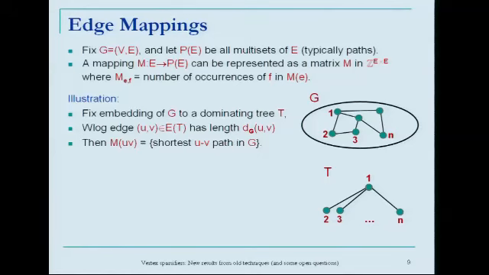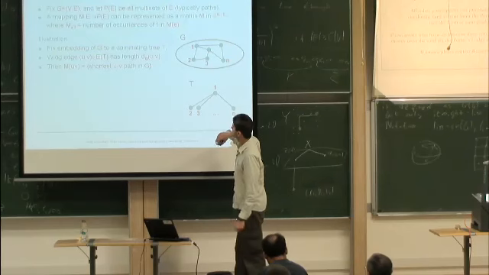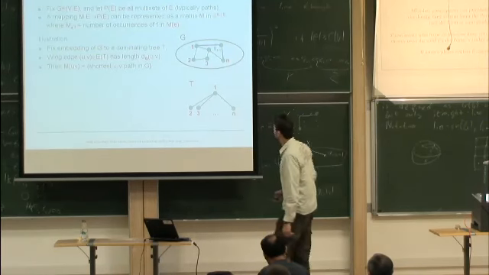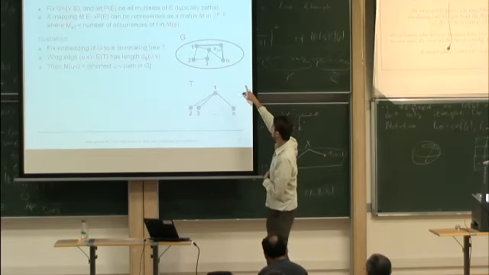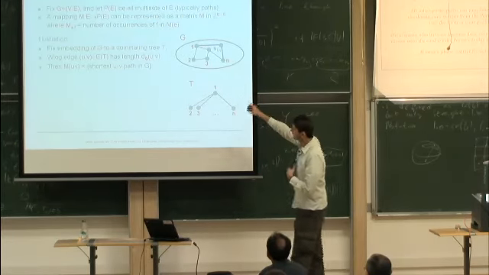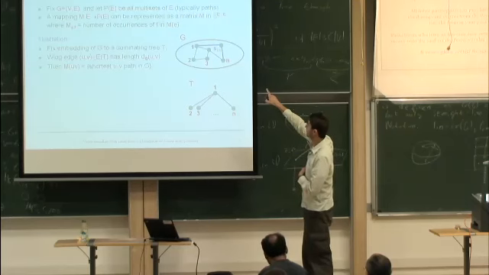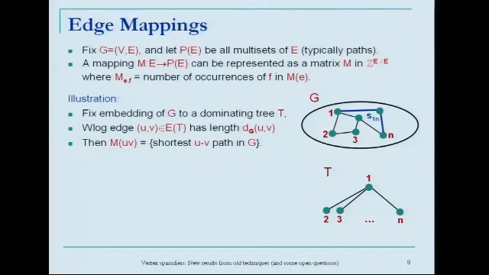We map every edge UV in the graph to the shortest UV path in G. So S_1n is supposed to be the shortest path between vertices 1 and n in the graph, let's say these two blue edges.